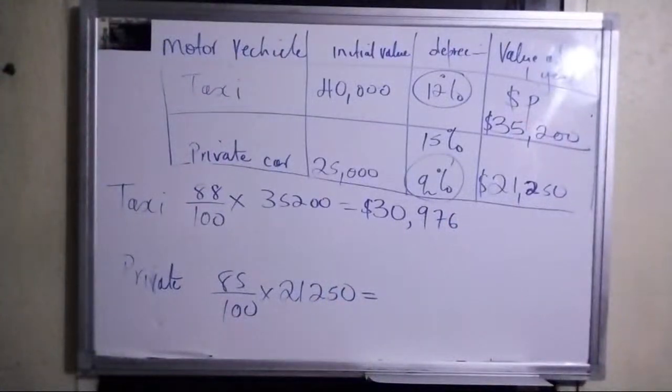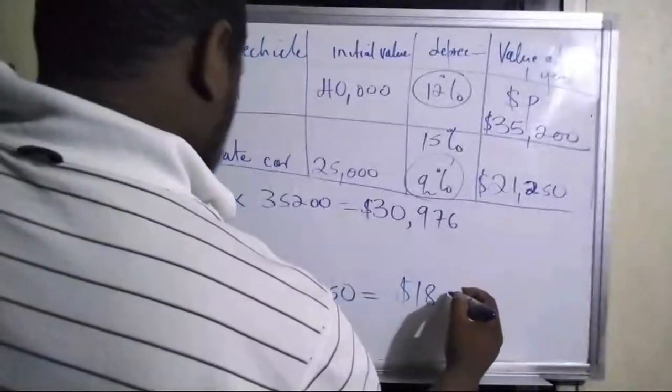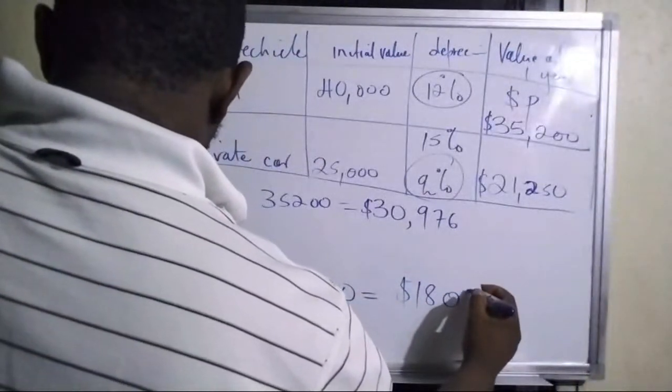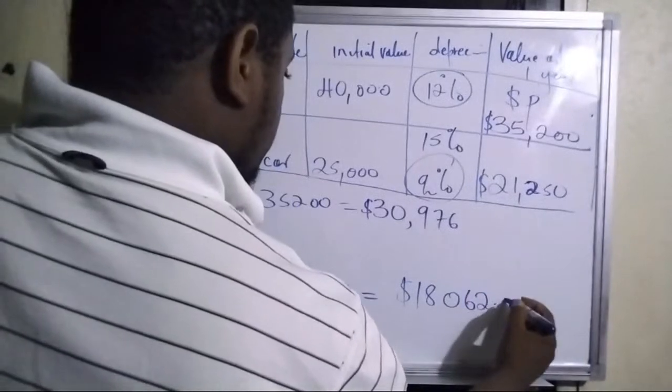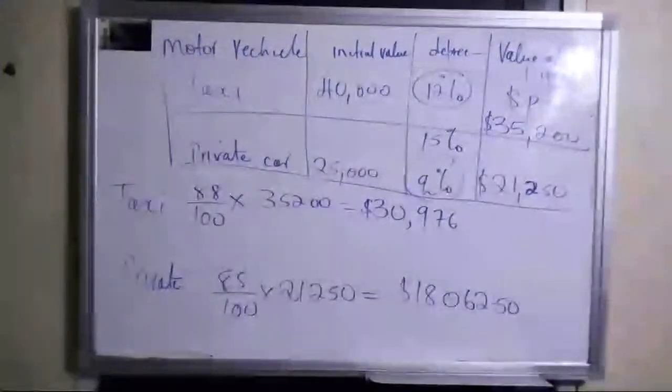And for the private car, it would be 85% divided by 100 times 21,250, which is equal to $18,062.50. Alright, so this will be the value of the car after 2 years.